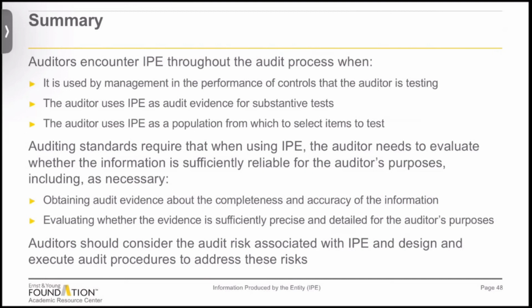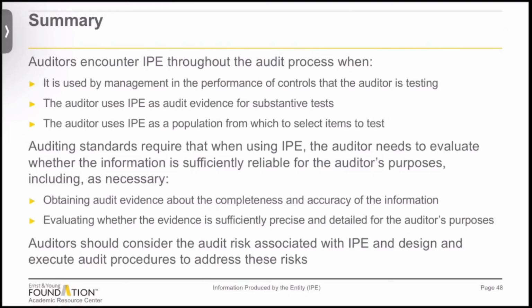Okay, now to summarize, auditors encounter IPE throughout the audit process when it is used by management in performance of controls that the auditor is testing. The auditor uses IPE as audit evidence for substantive tests. The auditor uses IPE as a population from which to select items to test.